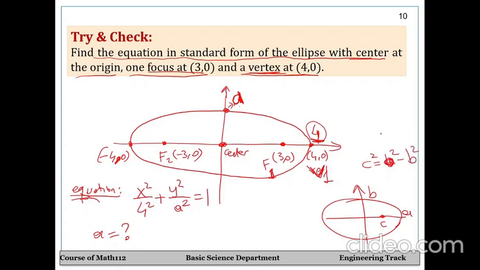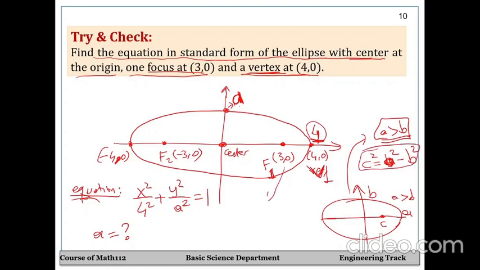Because we have such a horizontal ellipse, a is bigger than b here. So in this case, c squared will be equal to a squared minus b squared. So we can use this one.